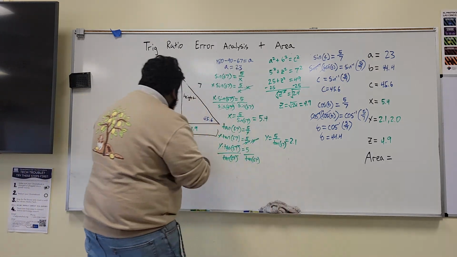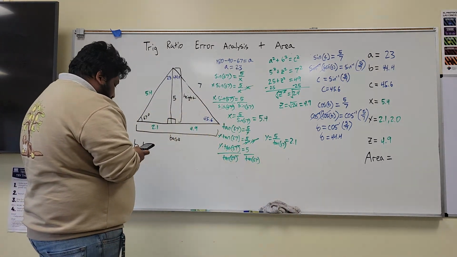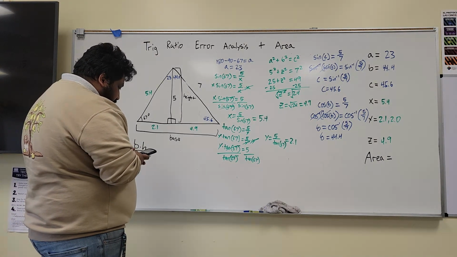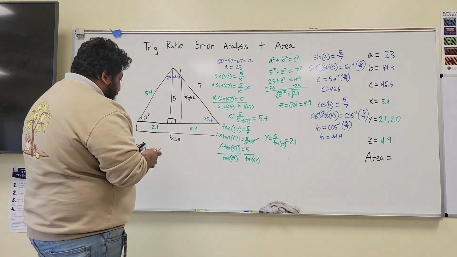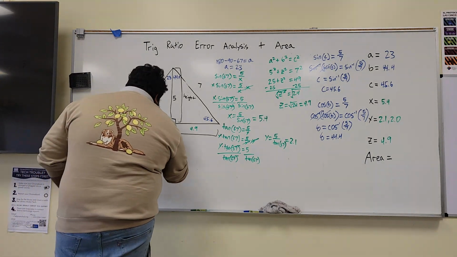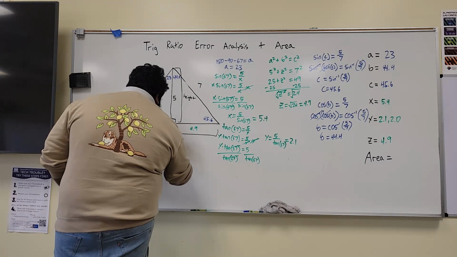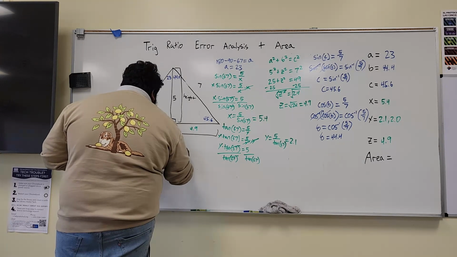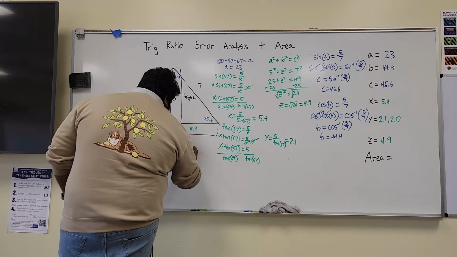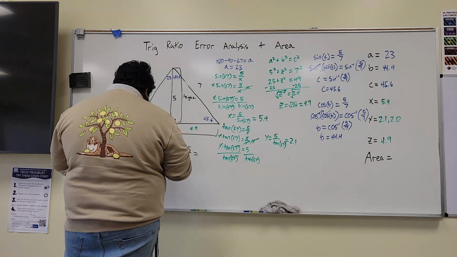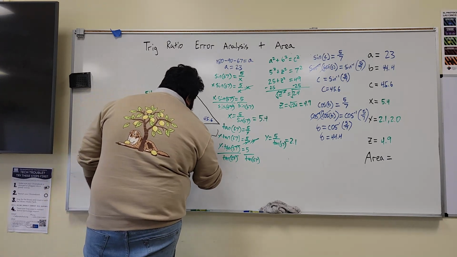So we're going to add up 2.1 and 4.9. That's going to give us 7. So that's going to be 7 times 5 divided by 2, which is going to be 35 over 2, which is going to be equal to 17.5.